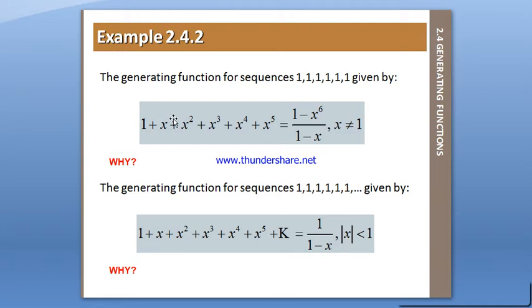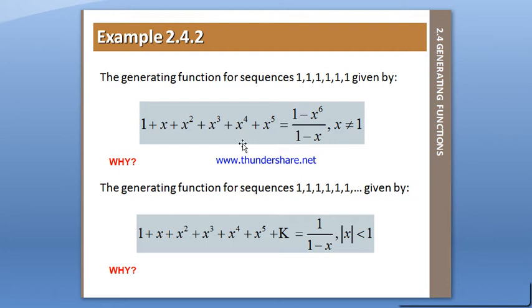According to the sum of the terms of a geometric series, this is written as a into 1 minus r power n by 1 minus r. Considering x is not equal to 1 and mod x less than 1, for a equal to 1 and the common ratio x, for n equal to 6, a total of 6 terms, the total is equal to 1 minus x power 6 by 1 minus x.